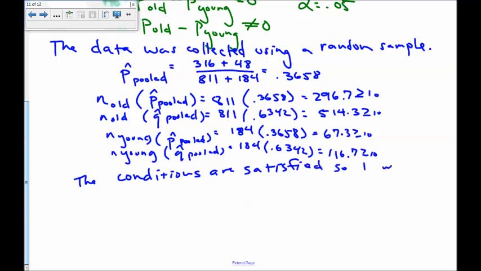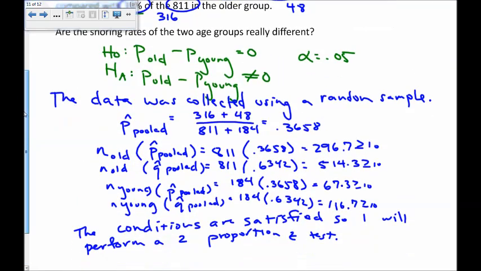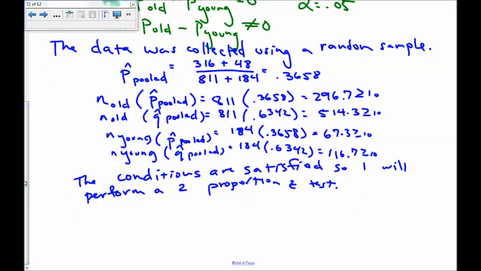So I will perform a 2 proportion z test. Okay, so I have stated my hypotheses, I've checked my conditions, I've stated what test I'm going to do, and now I actually need to calculate the p-value.